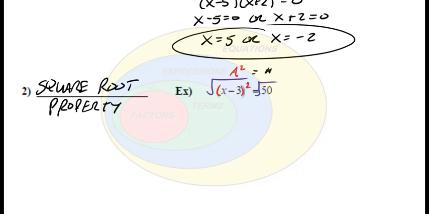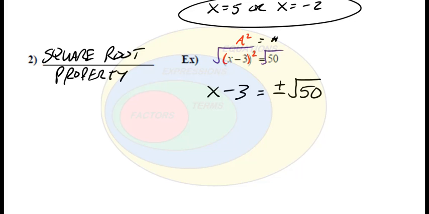And in this case, we would end up with x minus 3 on the left equaling, and then plus or minus the square root of 50. So we have to remember that plus or minus in the square root property. But when we do that, we always want to simplify our square roots. The square root of 50 we could look at as the square root of 25 times the square root of 2.